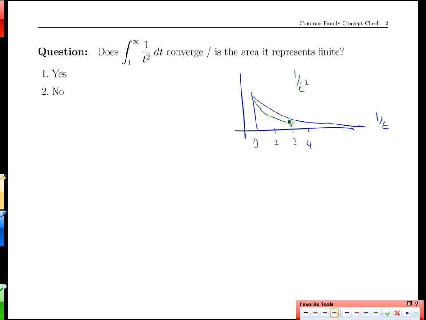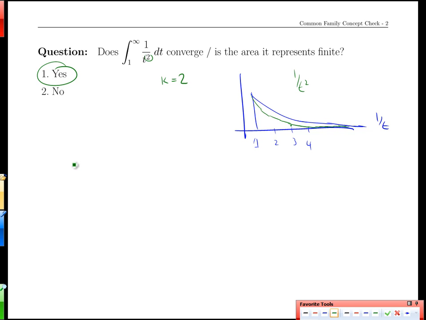So it's going to be a graph that approaches 0 faster than 1 over t. These values get smaller faster than 1 over t, and this also corresponds to our k here being 2. The k was larger than 1, and so this converges as well.